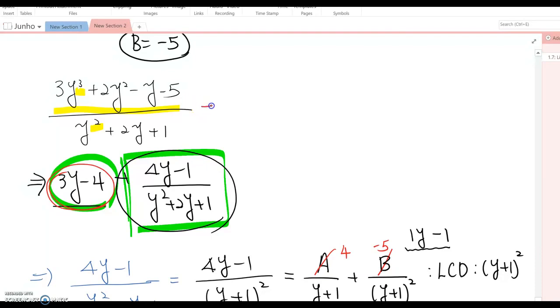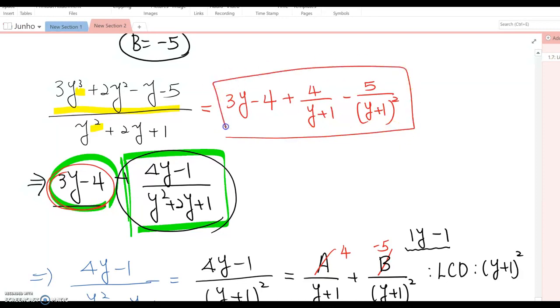So this rational expression becomes 3y minus 4 plus 4 over y plus 1 minus 5 over y plus 1 squared. That's the answer for this rational expression's partial fractions.